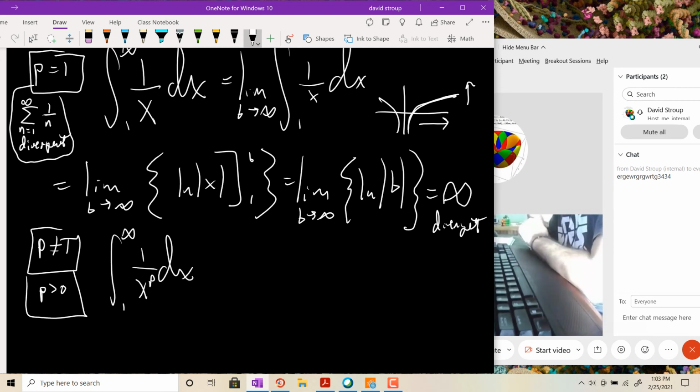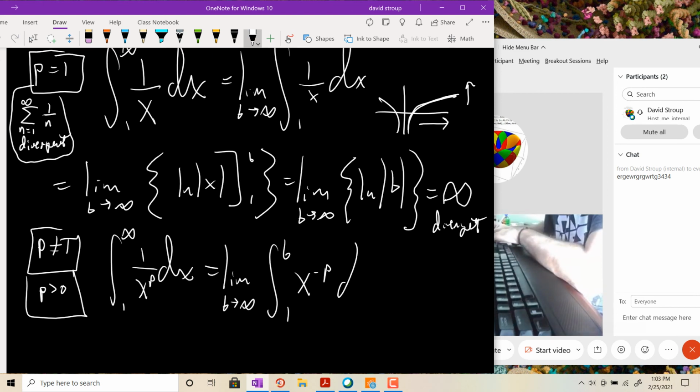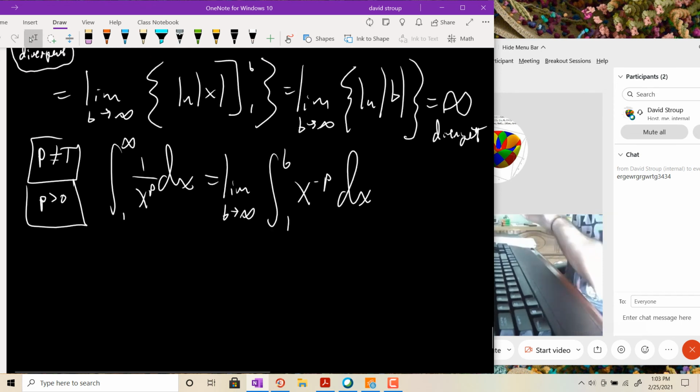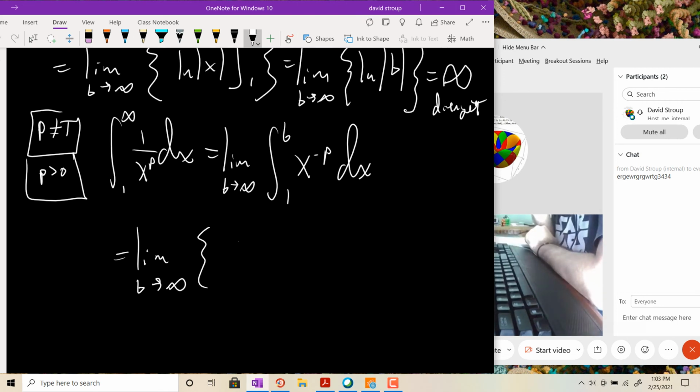So we turn it into a limit as the upper limit goes to infinity, and we'll have x to the negative p dx. Then we can do the power rule on it: the limit as b goes to infinity of x to the 1 minus p, which is negative p plus 1, divided by that exponent 1 minus p.